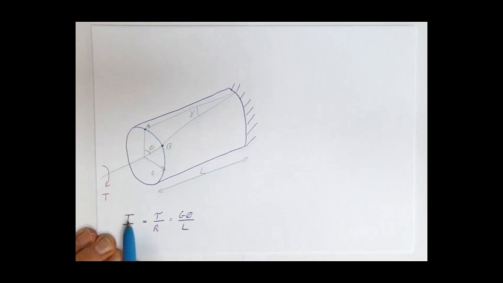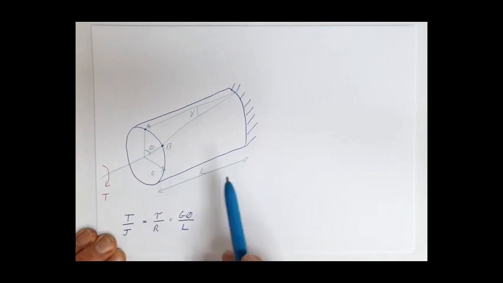Well, T is the torque that we're applying. J is known as the polar second moment of area. Tau is our shear stress, the stress on the shaft. R is the radius of the shaft. G is the material stiffness in shear, the shear stiffness. Theta is our angle that we've moved through, and L is the length of our shaft.